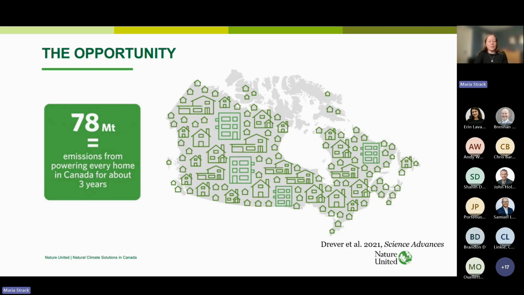This is equivalent to the emissions of powering every home in Canada for about 3 years. But Canada's emissions are currently around 700 megatons, so this is only a little over 10% of what we would need to meet net zero. Again, highlighting that nature is an important tool, but not the only tool that we need for climate action.